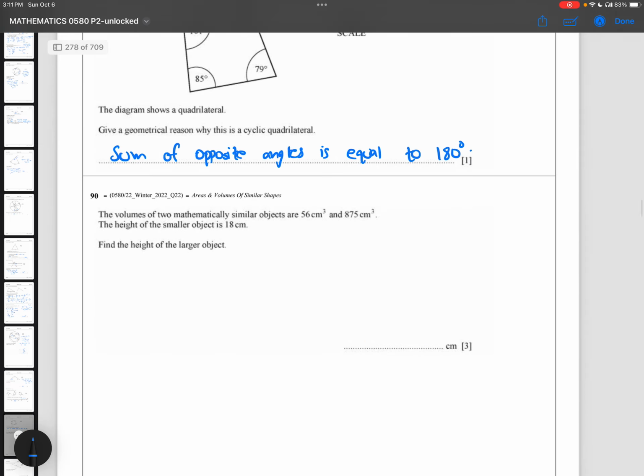In question number 90, the volumes of two mathematically similar objects are 56 centimeter cube and 875 centimeter cube. The height of the smaller object is 18. We need to find the height of the larger object. So over here we will use the ratio formula of volumes in similar figures, that is V1 upon V2 is equal to L1 upon L2 whole cube.